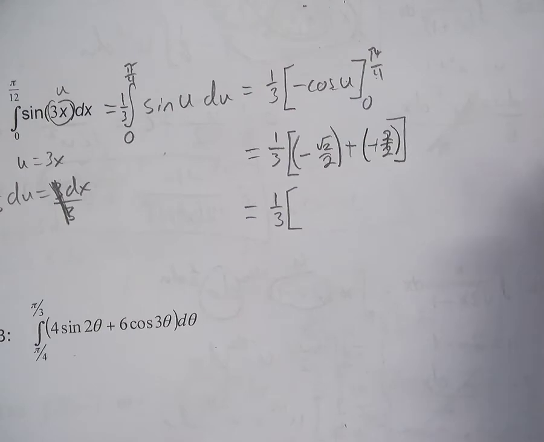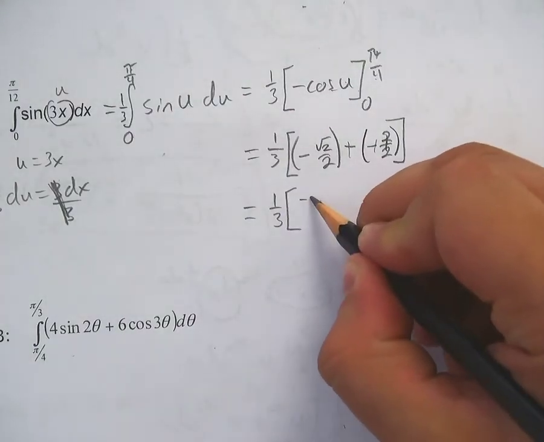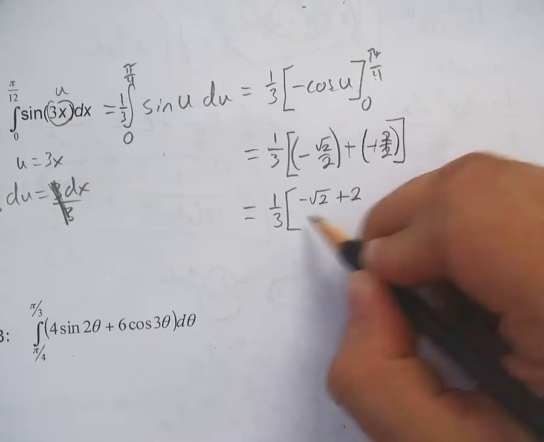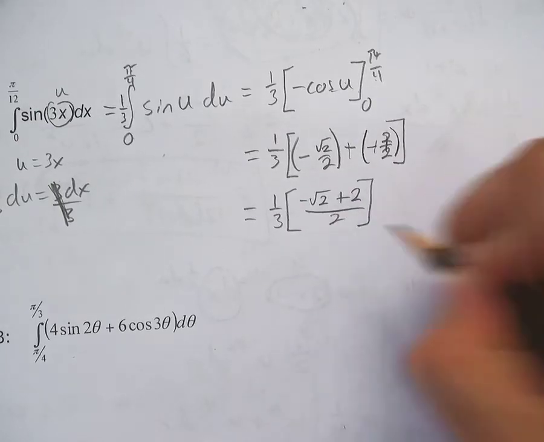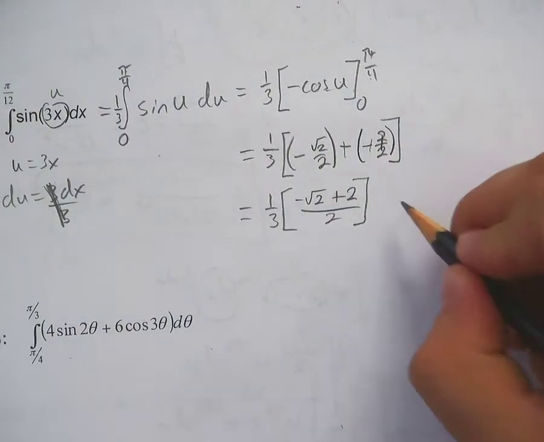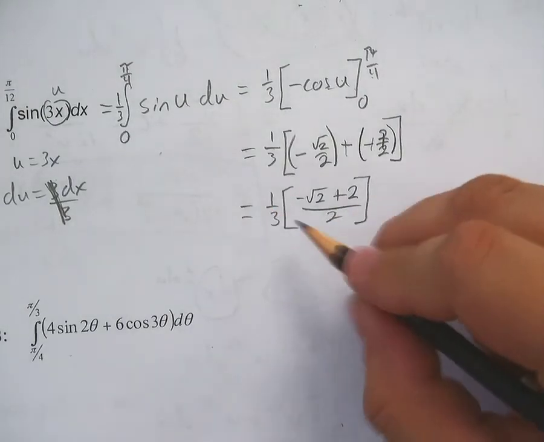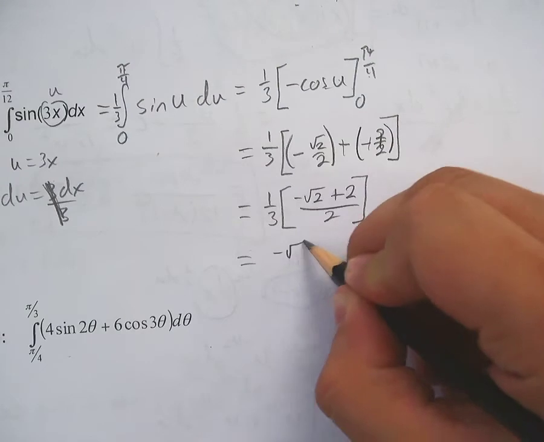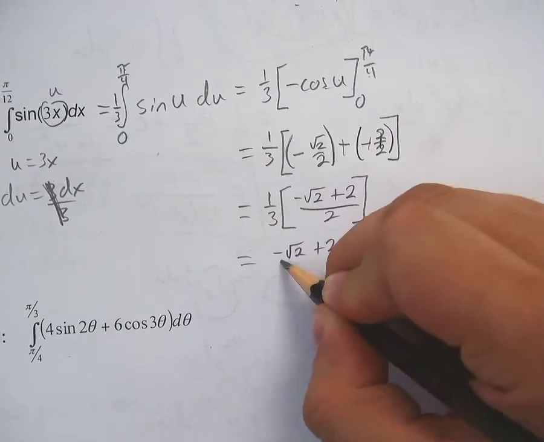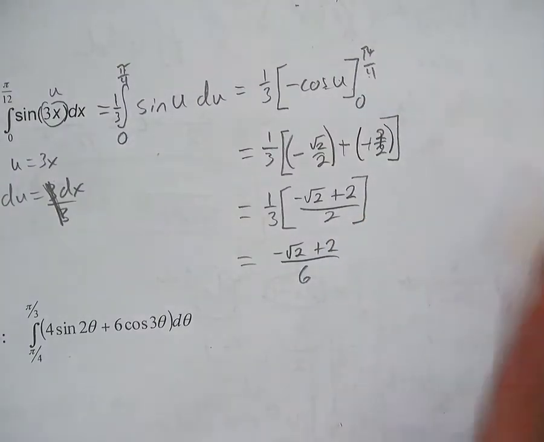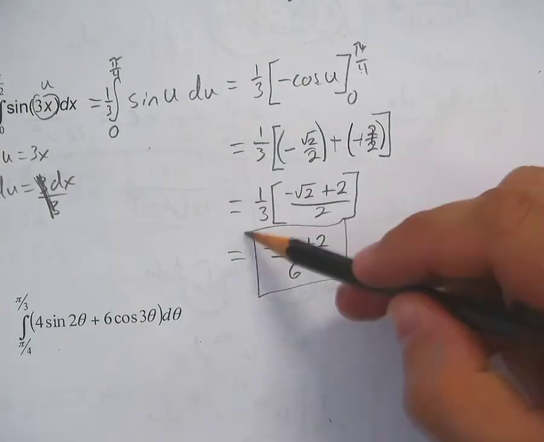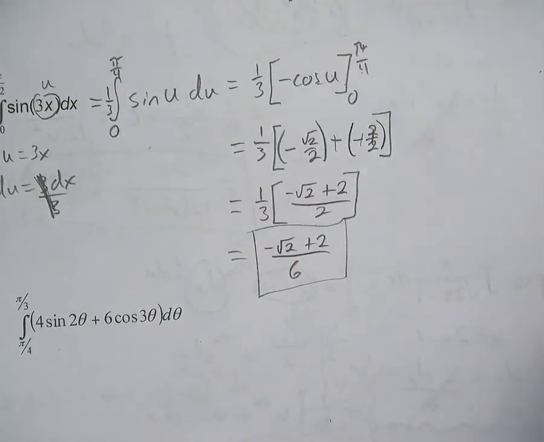Right? So that leaves me with negative square root of 2 plus 2 over 2, combining your fractions there. And then multiply your 3 through, and that's going to be negative square root of 2 plus 2 over 6. I'm sorry, not your 6, but your 3. And there you have it. Or you could call it 2 minus the square root of 2 over 6, whatever floats your boat.